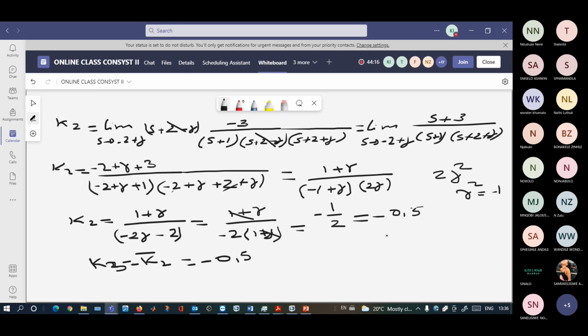It's not like it's always going to give you a real number. No, you can have a K1 which is a complex number. Yes, you can have that. I think if we have time, we're going to do some tutorials where K is a complex number.